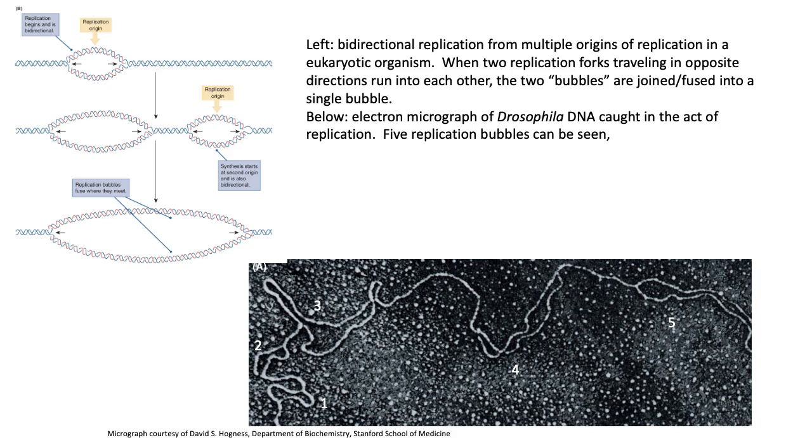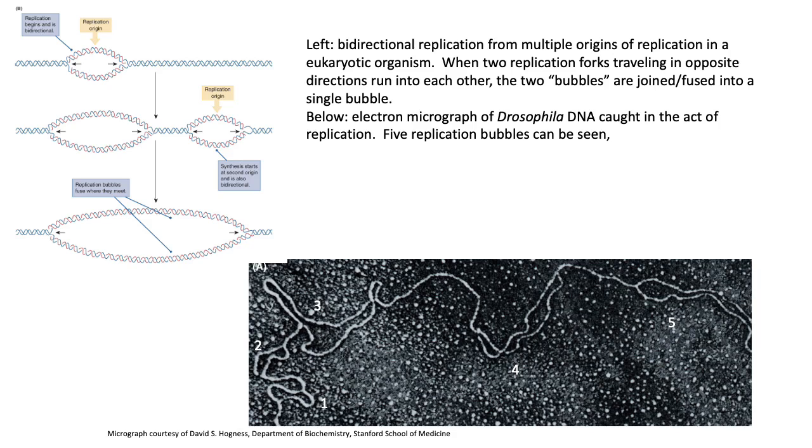And then finally, this is our last slide of the day. You can see these replication bubbles. The image at the bottom of this screen is an electron micrograph of Drosophila DNA, and you can specifically see 5 different replication bubbles here. And those are eventually going to merge.